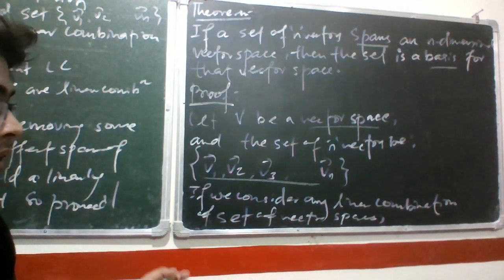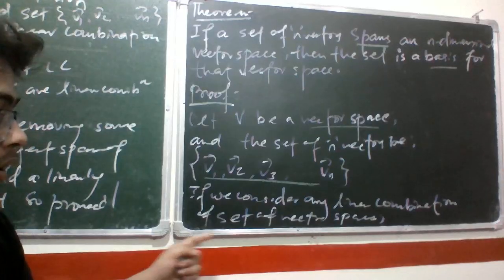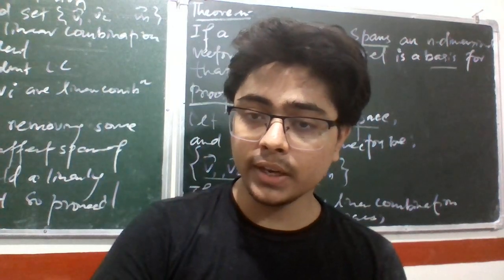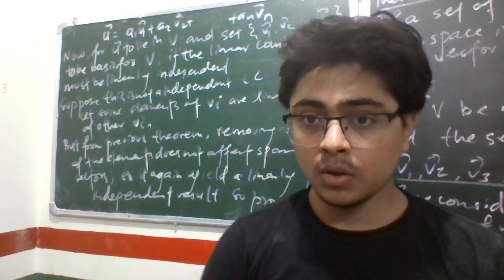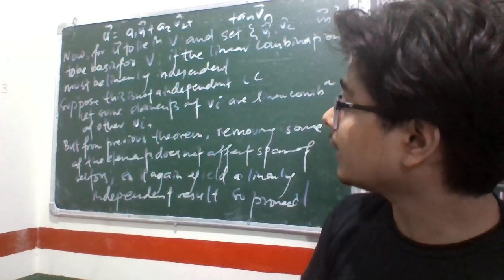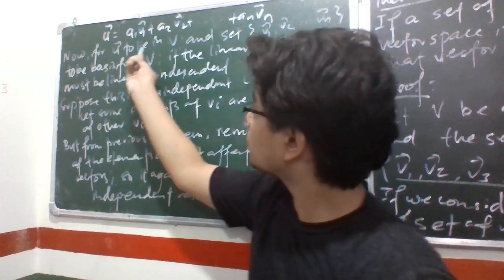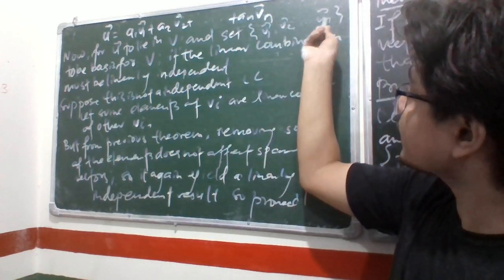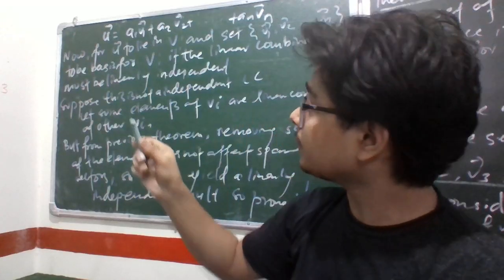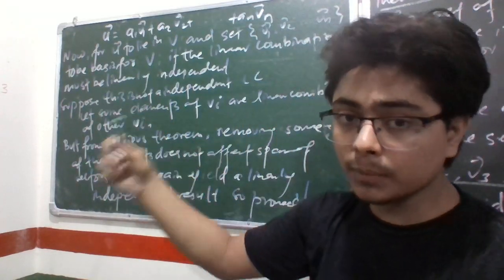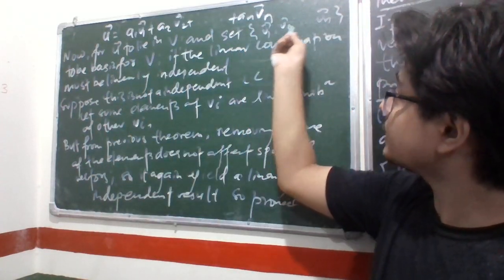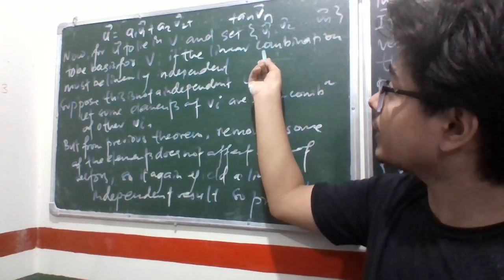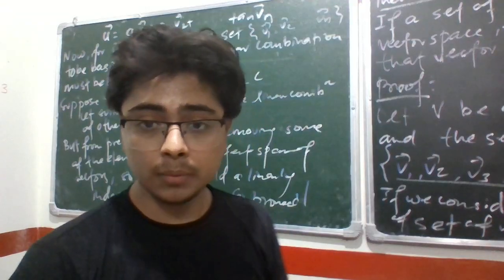Then if we consider the linear combination of these vectors, it will form a linear combination which looks like this. Now for u to lie in vector space V, the set of these vectors must be a basis, and for the basis these vectors must form a linear combination, but an independent linear combination.